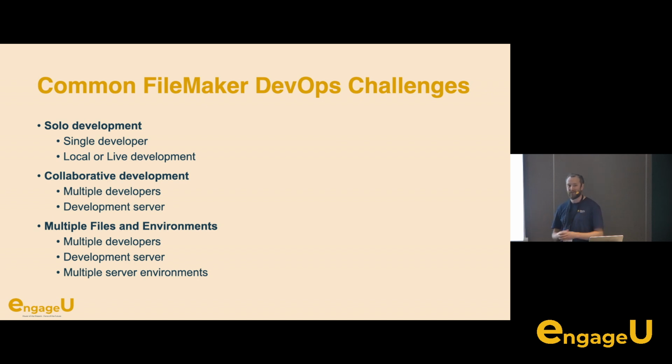A lot of us have done live development, a lot are still doing live development because it's easy, right? Collaborative development, where you're multiple developers, you might even have a development server in place. And then lastly, the more advanced setup where you have maybe multi-file solutions and multiple environments. You might use tools like Auto to do deployments.